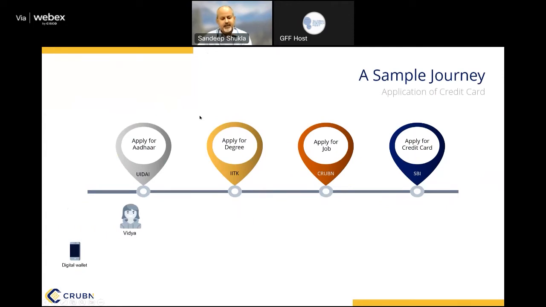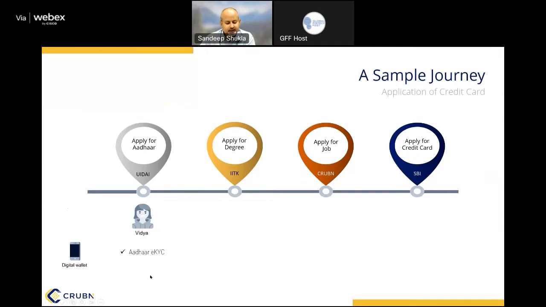So Vidya is applying for Aadhaar as a verifiable credential, or she can get it through the offline KYC portal of Aadhaar and get that in the digital wallet. So now she has an Aadhaar eKYC done and has a corresponding verifiable credential.